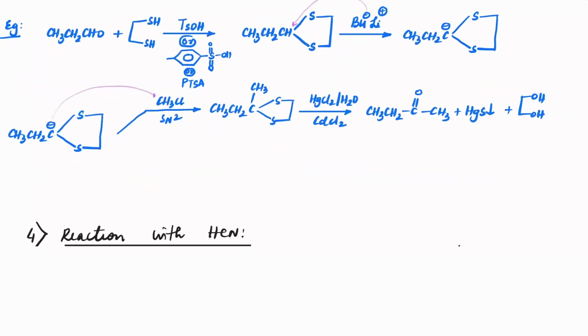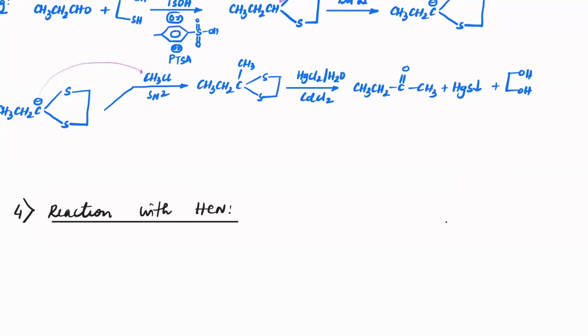Okay. Second reaction. See, I could directly make this react with D2O. Correct. On reacting with this D2O, we can get this as CH3, CH2, CD, sulfur like this.